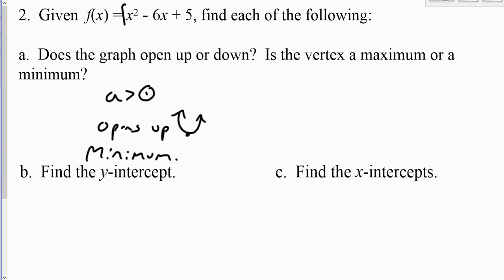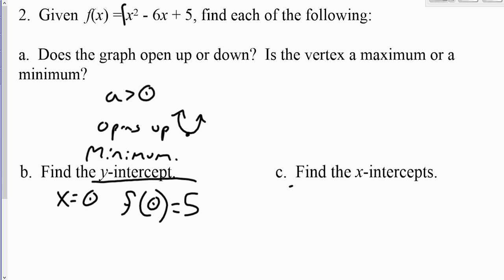Okay, to find my y-intercept, that's when x is equal to 0. So I let x equal 0, and I get 5, my c value. So that's my y-intercept. To find my x-intercepts, I want to let y, or f of x, equal 0, so I get 0 is equal to x squared minus 6x plus 5. Remember, here we are solving a quadratic.